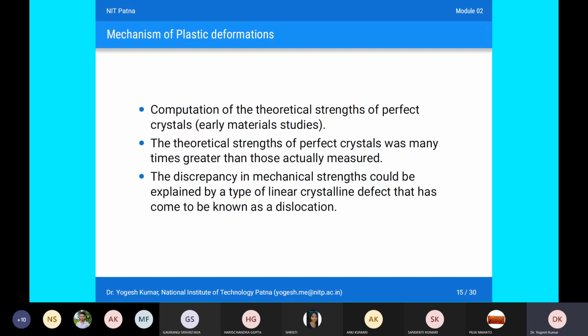This has been explained by a type of linear crystalline defect that has come to be known as dislocations. So this may be explained by the movement of dislocations. Today we will try to see what a dislocation is, and how a kind of dislocation is responsible for plastic deformation.